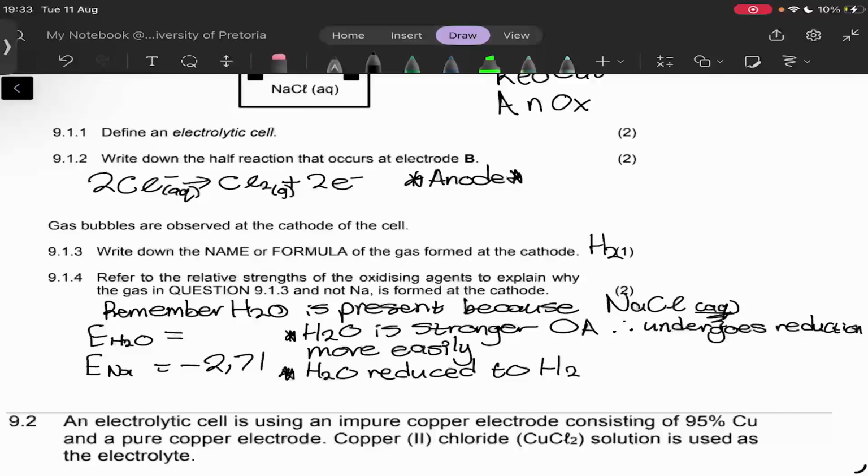We have to now recall and remember that if it's in an aqueous solution, water is present. And now we have to look at the relative oxidizing agent strengths and see which one will more easily undergo reduction. In this case, it is water. And that's why water would reduce to H2 more easily than our sodium ion reducing to become sodium as a solid, isn't it?